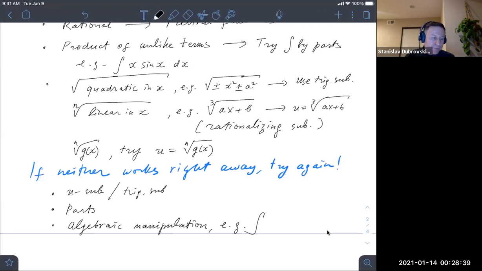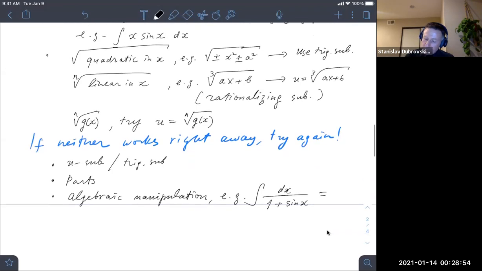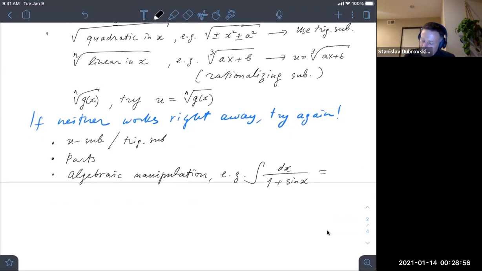So for instance, the integral dx, let's say you have 1 plus sine x in the denominator. How would you approach this one? Nothing obvious comes to mind, but why don't you multiply top and bottom, as you've seen so many times in your intermediate algebra, hopefully, by a conjugate. What's a conjugate?